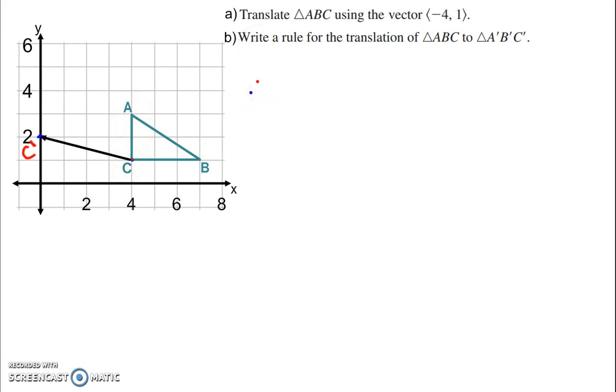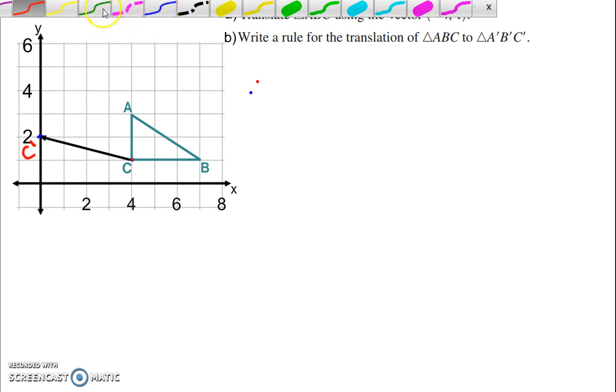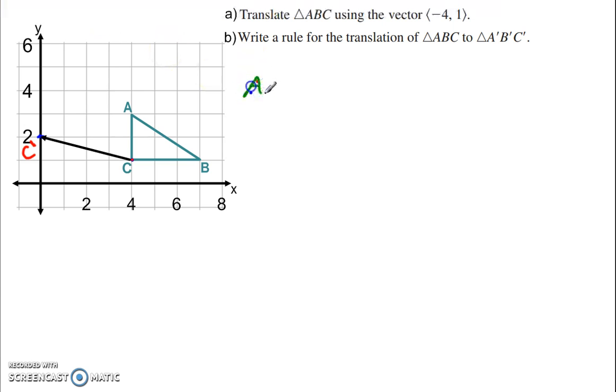So my coordinates for A, see, A is 4 and 3. My coordinates for B are 7 and 1. And my coordinates for C are 4 and 1. Now this is how I like to do it.